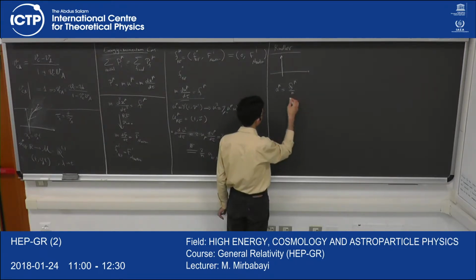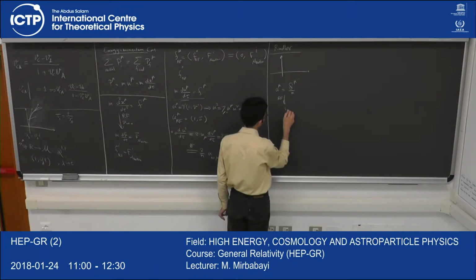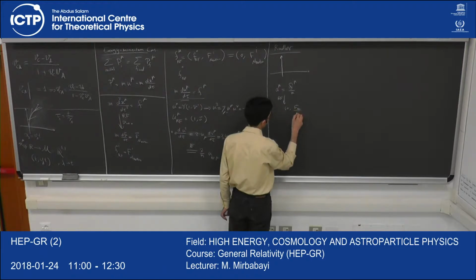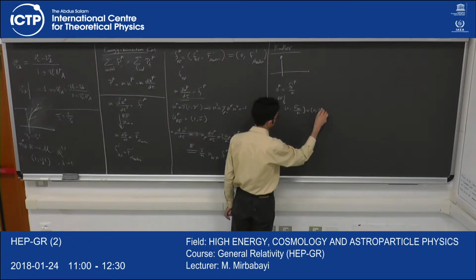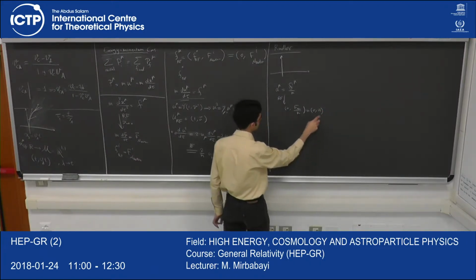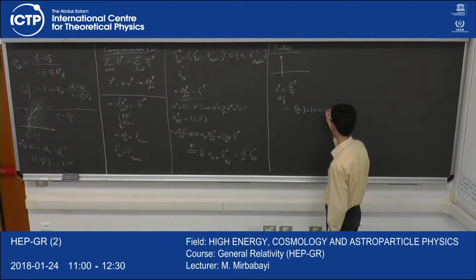In the rest frame, this is going to be 0 and F Newtonian divided by m, and we are told that, in 1 plus 1 dimension, we are going to consider this to be a constant.